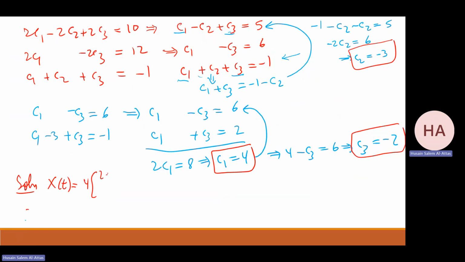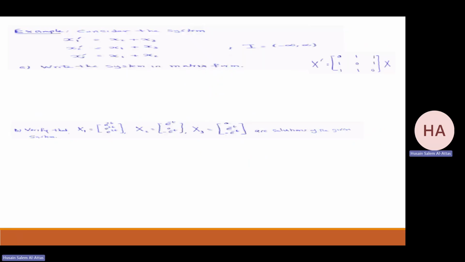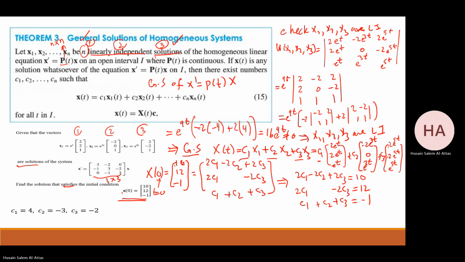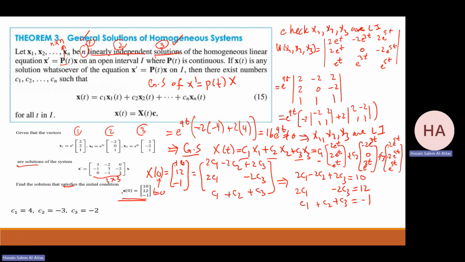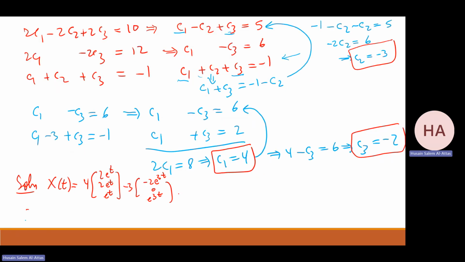4 e^t, plus C2, which is -3, so that will be -3 e^3t. Let me check. And the last one, 2 minus 2, 1. So I have C3, which is -2, 2 minus 2 e to the power 5t.